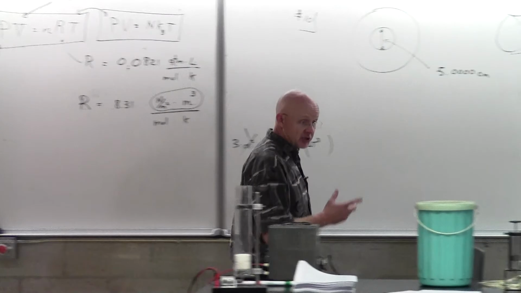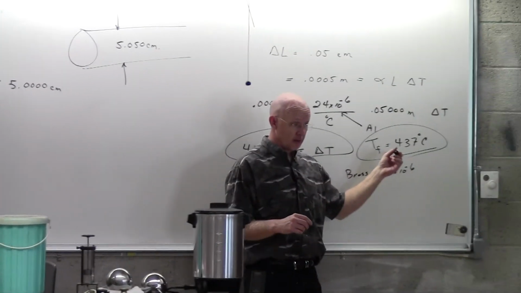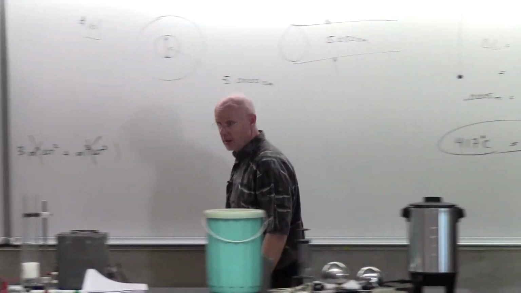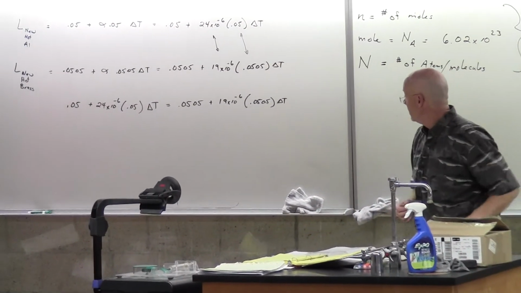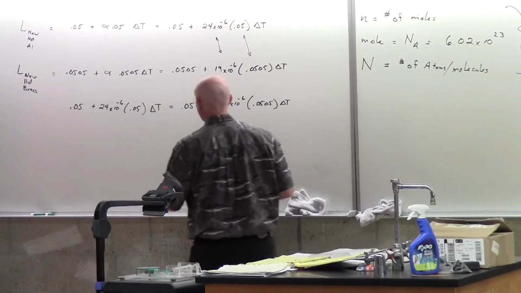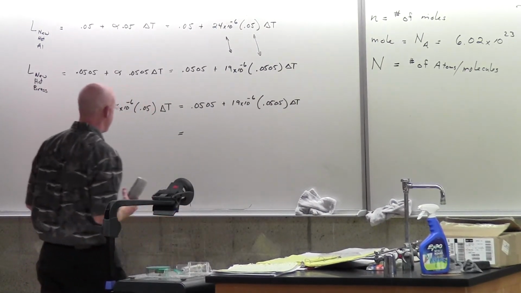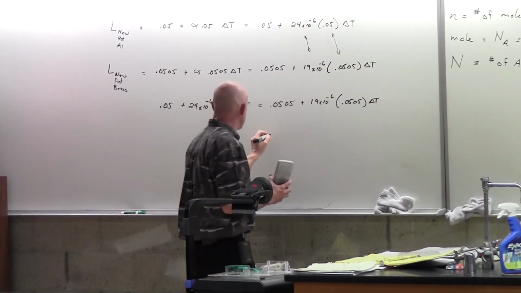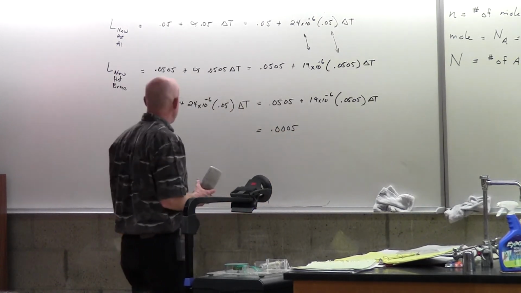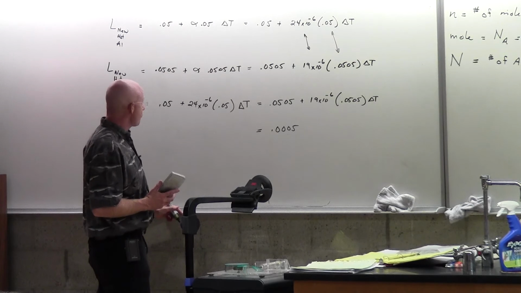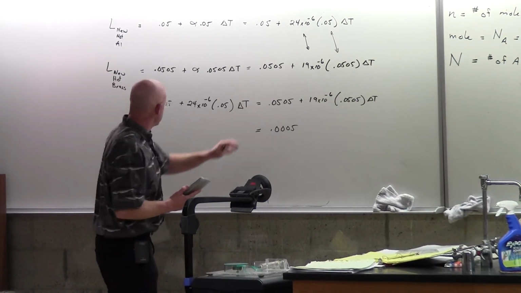And obviously you would suspect it's going to be more than that, since that was what it fit when you did not warm the brass at all. And so a little bit of math here. I'll subtract this, and this is 0.0005. I need to subtract these two numbers.